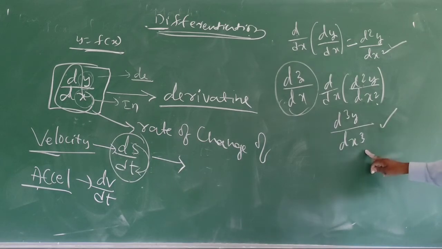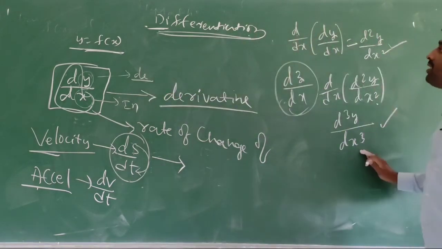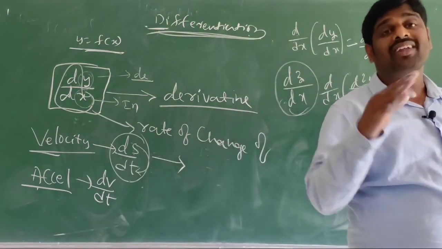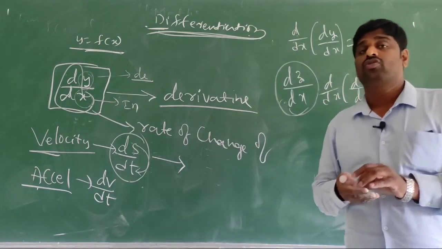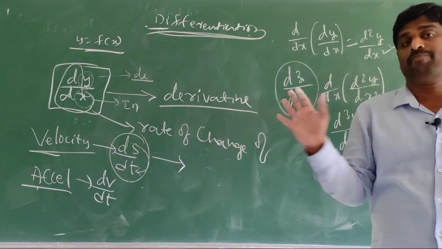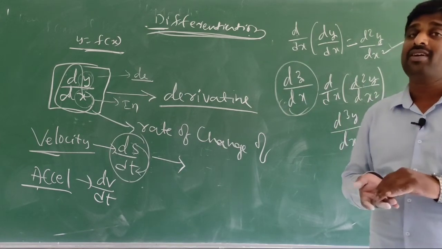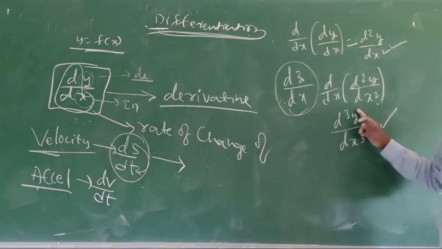The process of finding the derivatives is called differentiation. Okay, differentiation is different, differentiability is different. Don't confuse differentiation and differentiability; both are not the same. Differentiation means the process of finding the derivatives.